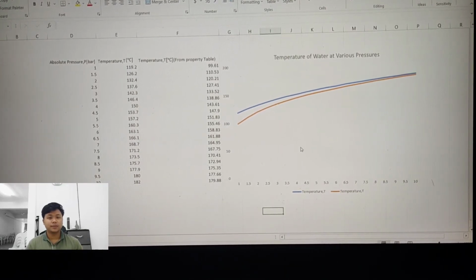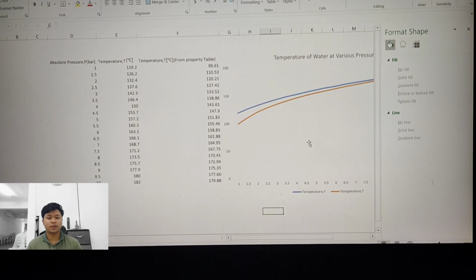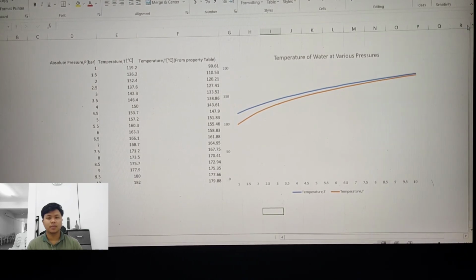The difference between the temperature of the experiment and the temperature from the property table happens because of error.